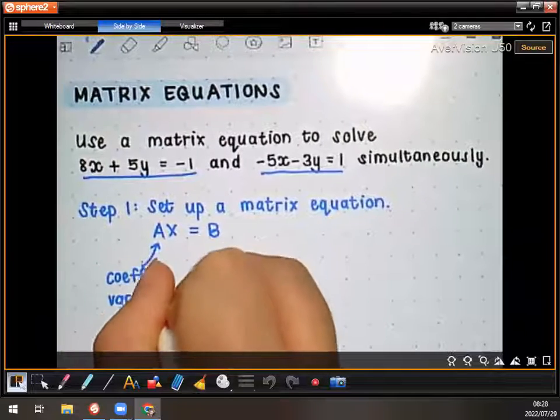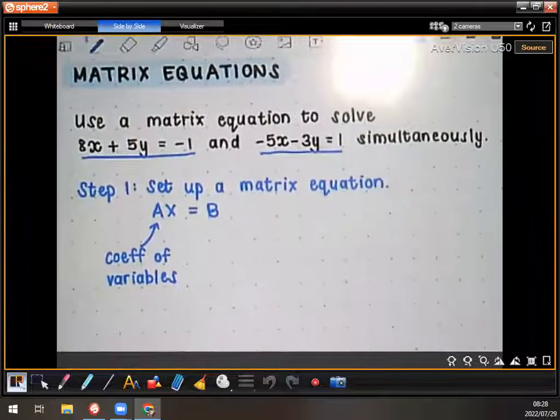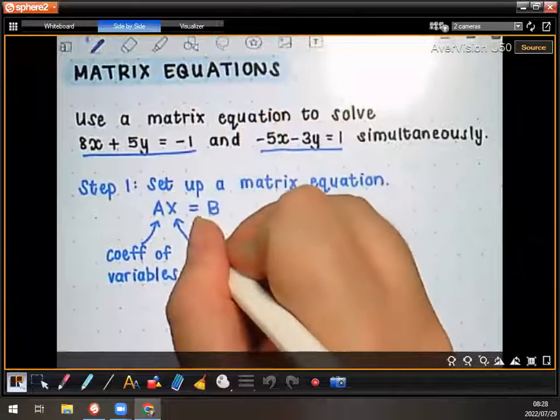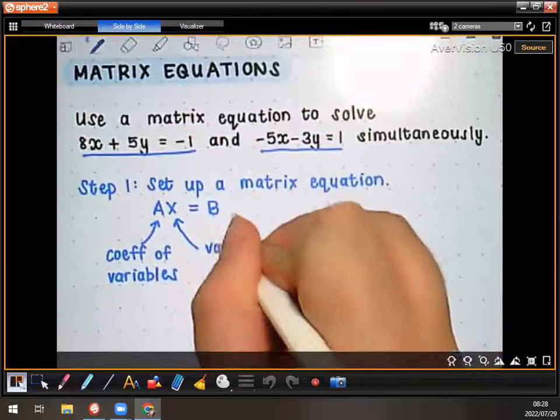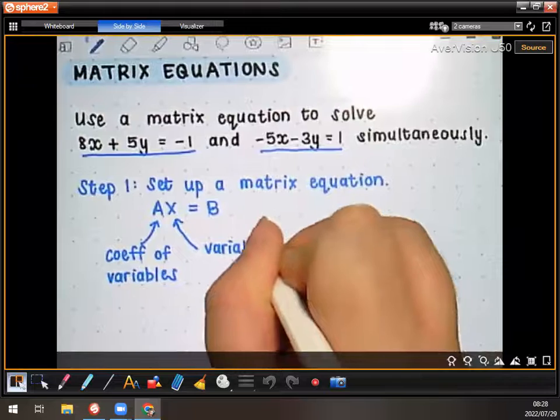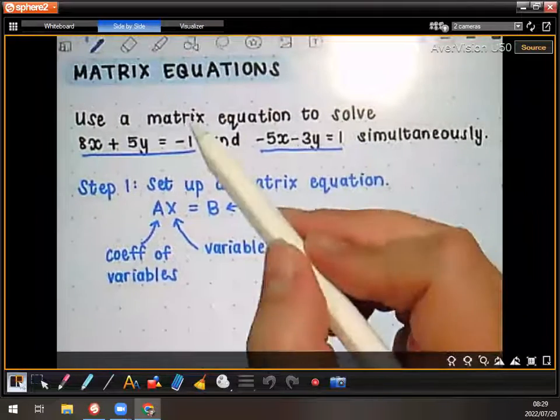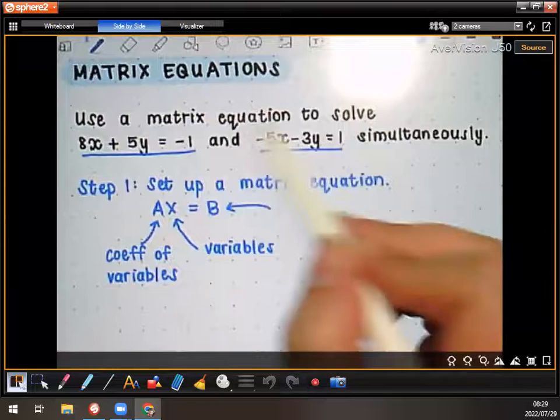I'll show you now why we do it like that. The second matrix, X, is going to be a matrix of the variables. And then B is going to be a matrix of the answers, right? The constant terms.